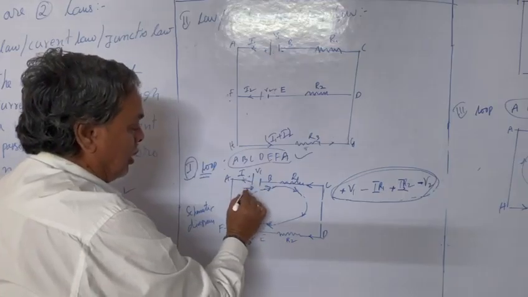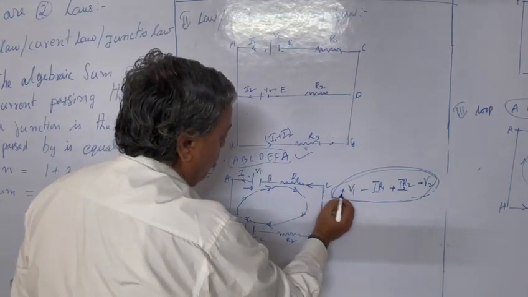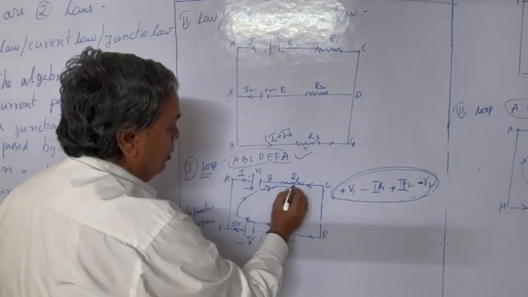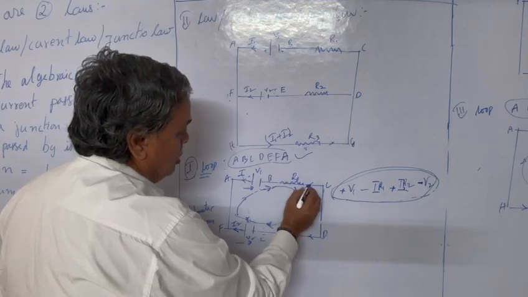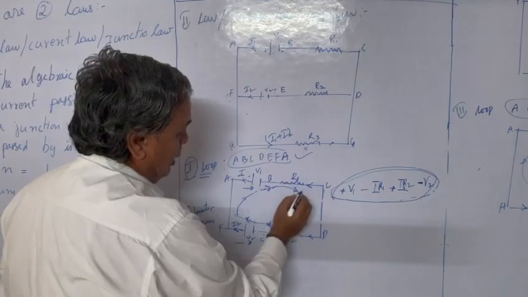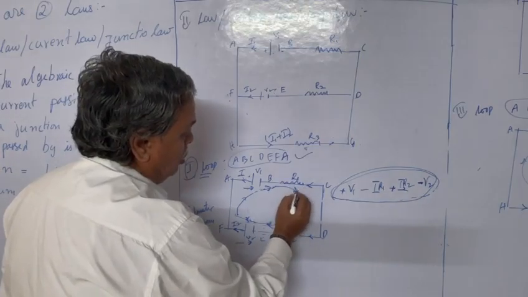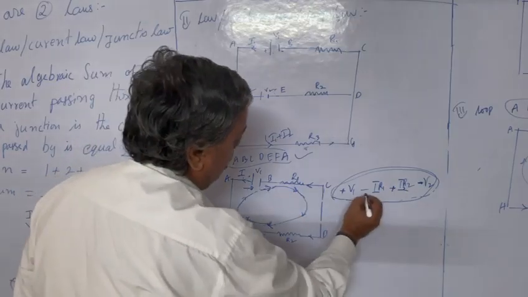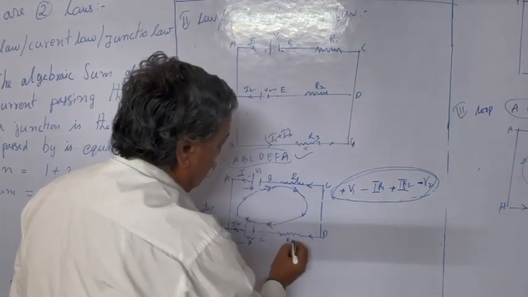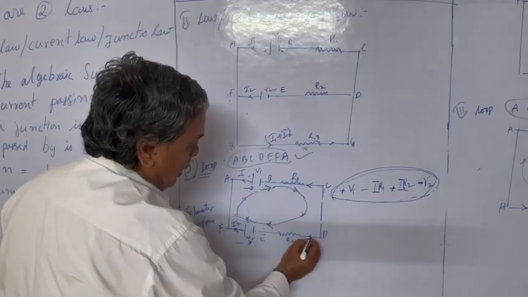The arrow mark and this arrow mark are in the same direction, that's why you put a positive mark. And here IR1 is opposite, the schematic diagram arrowhead and the arrow mark I have drawn are opposite, that's why you put minus.